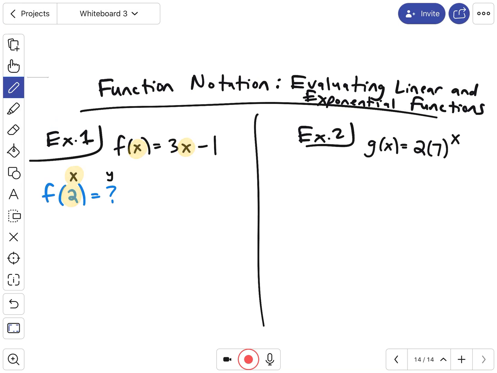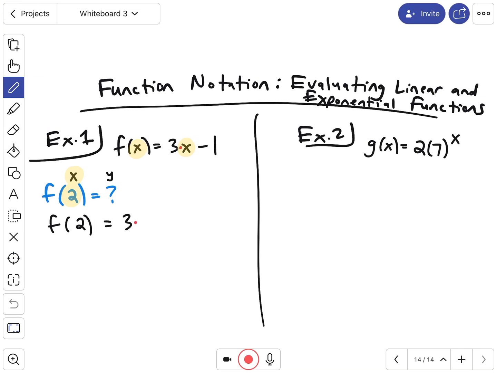So in order to do that, I'm going to go ahead and rewrite this down here. So instead of f of x, I'm going to write f of 2, and I'm just copying all this here, equals 3, and then instead of x here, notice that the 3 and the x are touching, so that means they're multiplying.